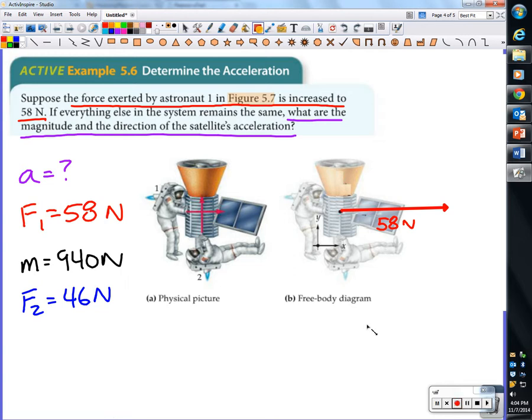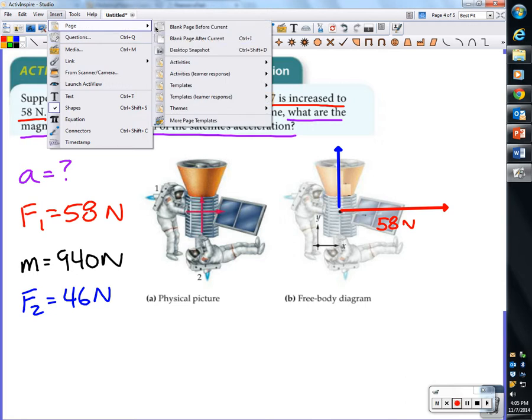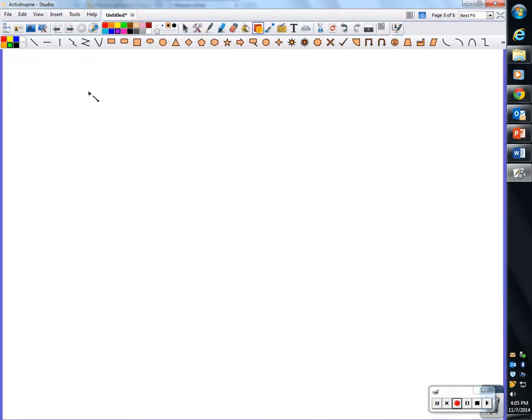So in this case, it's probably going to be beneficial to help us analyze this problem if we go like this. Now, remember, 58 newtons for force 1, 46 newtons for force 2. If we're drawing arrows to represent those two forces, we should draw the red longer than the blue to represent the greater magnitude. All right. Just like we did before.